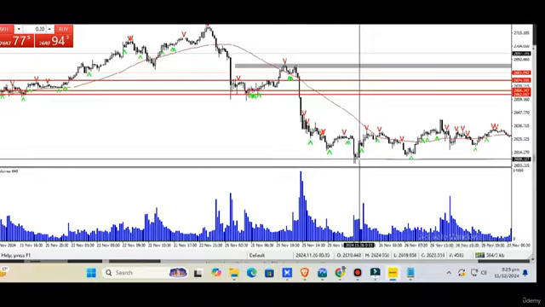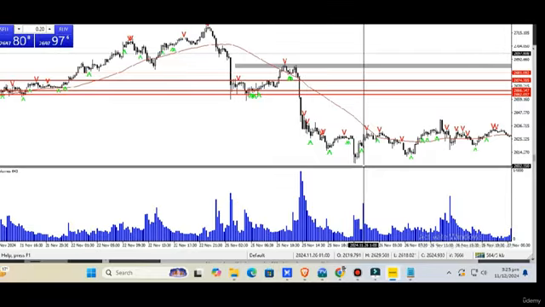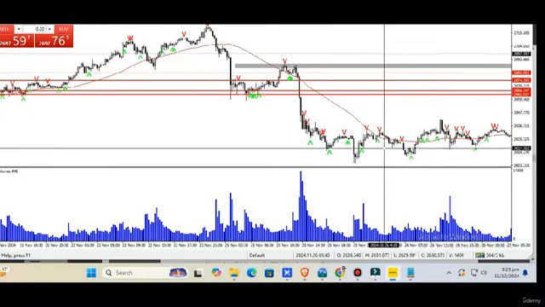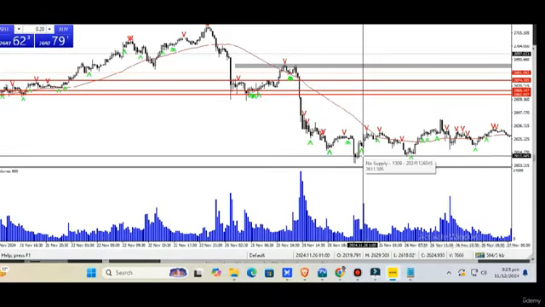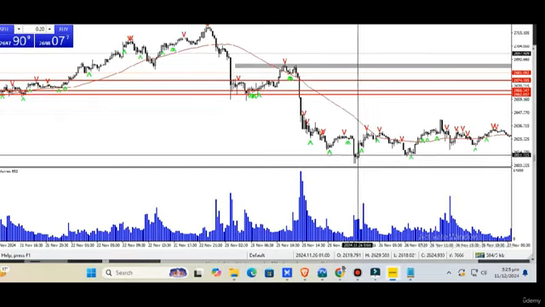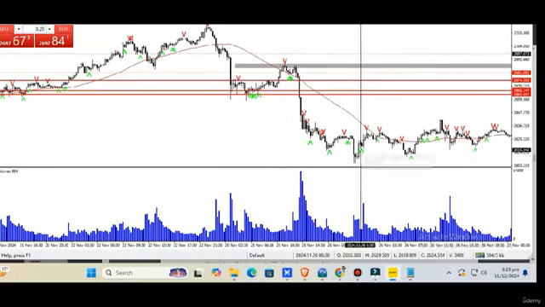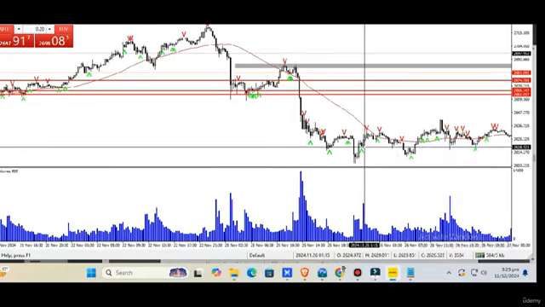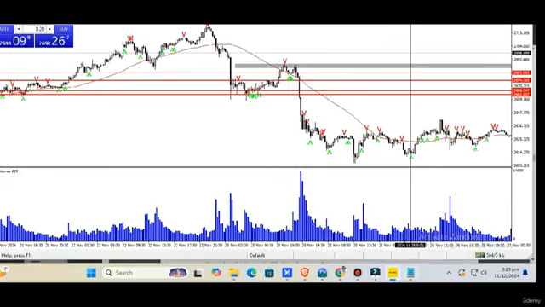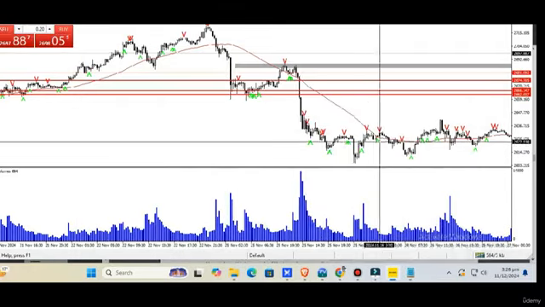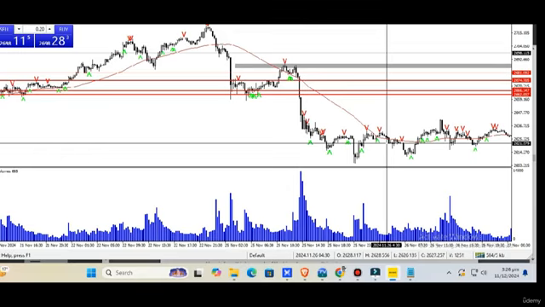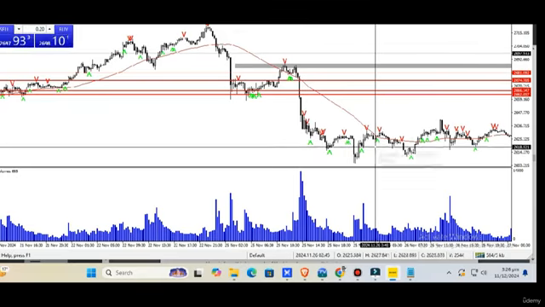And here is the confirmation for the no demand, but you cannot just blindly enter on a no demand area. If no demand comes and you consider that there is no demand in the market and you can enter, no, there always have to be some specific rules to enter each trade.